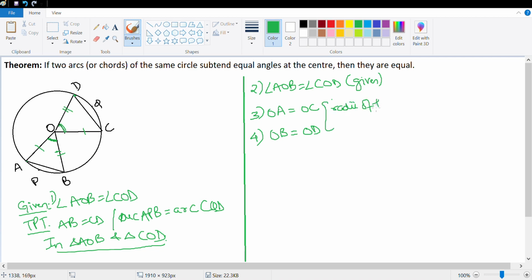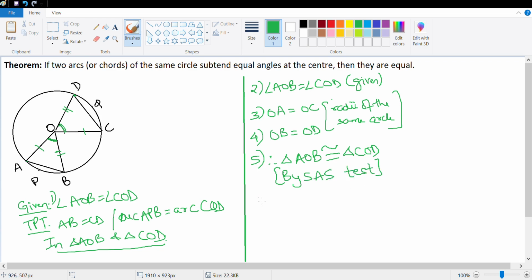of the same circle. What this means is these 2 triangles are congruent, which means therefore triangle AOB is congruent to triangle COD by the side-angle-side test. What this gives me is AB is equal to CD.